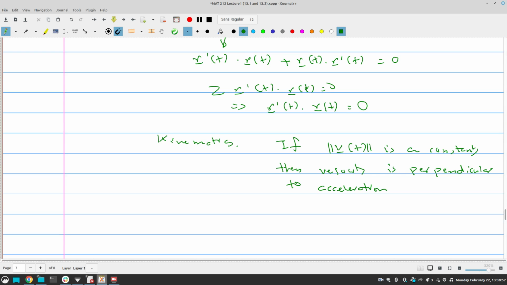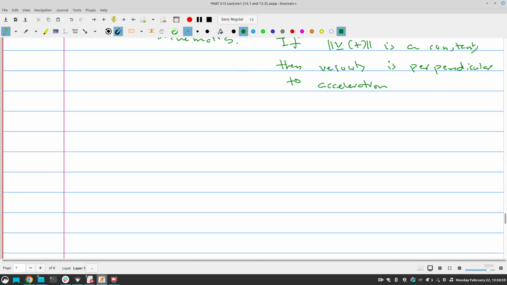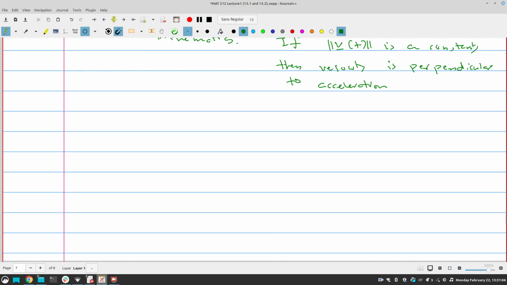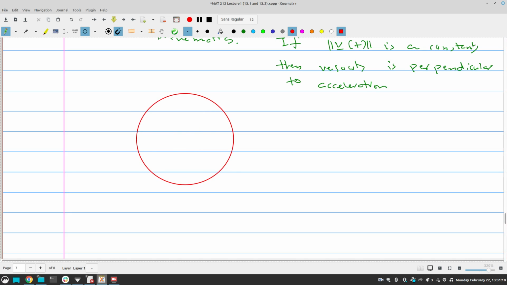So where do we see this? We see this in circular motion. Something is going around in a circle with a constant speed.